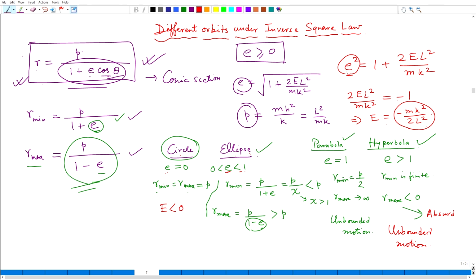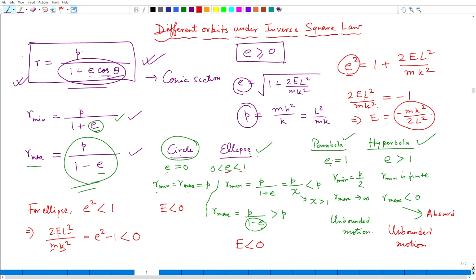Just for the ellipse, E square is less than 1, so I can simply write 2 E L square by m k square is equal to E square minus 1, which is less than 0, and these are all positive. So the only possibility is that E is less than 0. So here also E is less than 0.